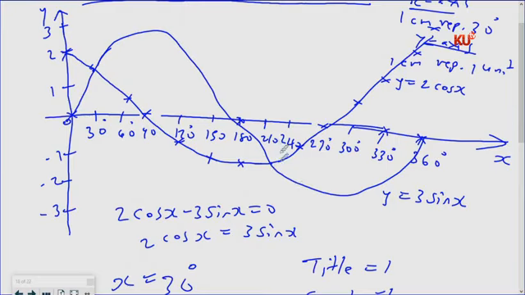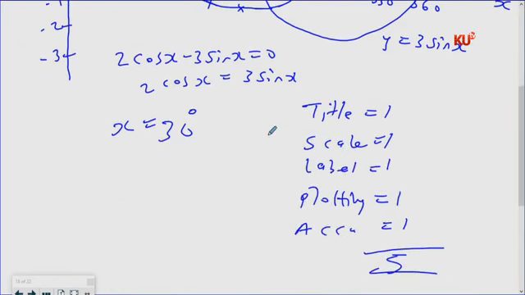So mine here, it's very close to 210, and this is 240, so it could be 220 there. That is my approximation, 220 degrees. So these are my 2 values that will give me 2 marks, 1 mark for that particular value and another mark for that particular value.